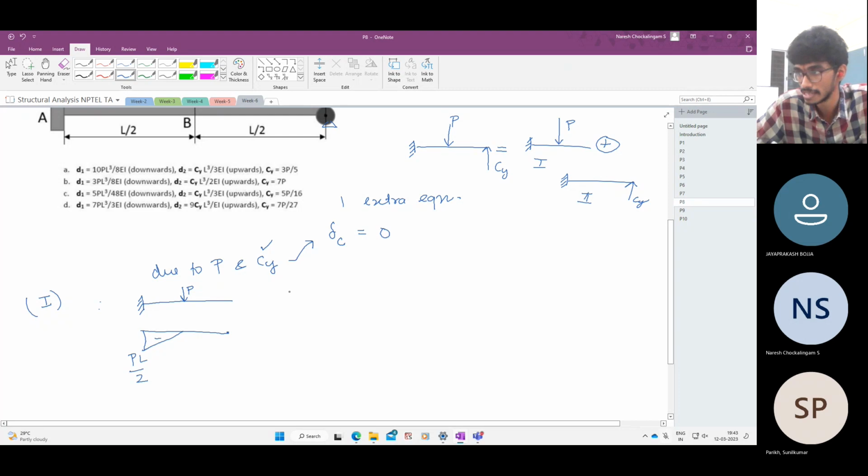So say if we use the conjugate beam method, what does it say? The conjugate beam method says to replace the actual real beam with a conjugate beam such that the loading that comes onto the conjugate beam is equal to the M by EI of the real beam. Since this is negative, this loading should be downwards. And in the conjugate beam, this is a free end, so moments and shear force are all 0.